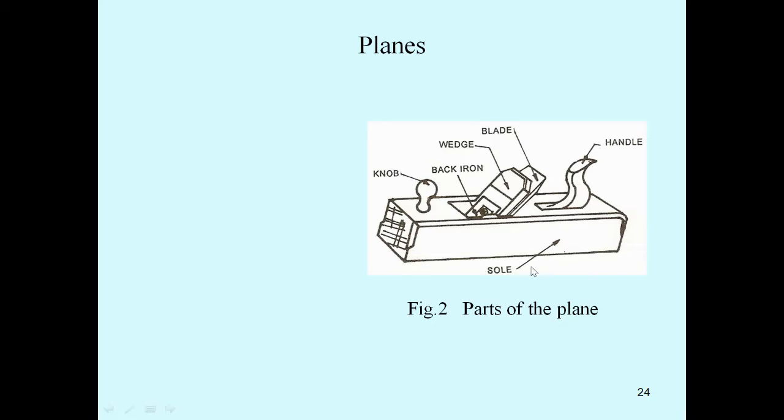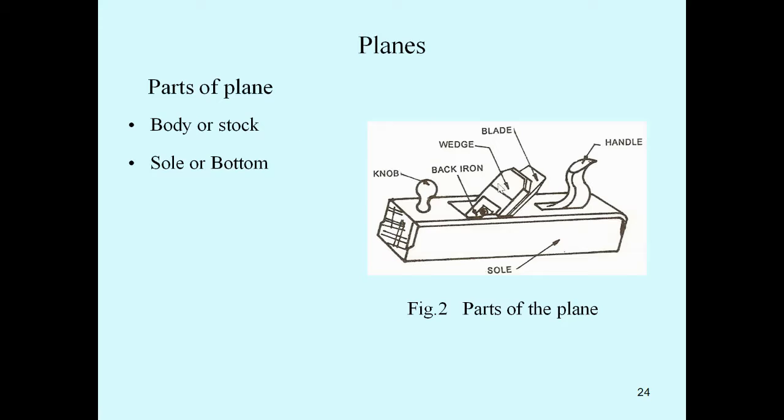There is a part called the sole. The sole is also called the body. Sole or body, handle, blade, wedge, back iron, and knob. Body or stock or sole, this is the bottom surface.